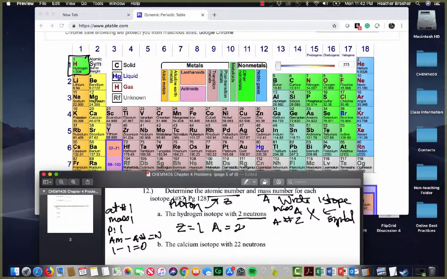Should be 2, right? Because we have 2 neutrons here. So that gives us our isotope. Let's look at our next one, which is calcium. I'm going to give you a moment to do that.